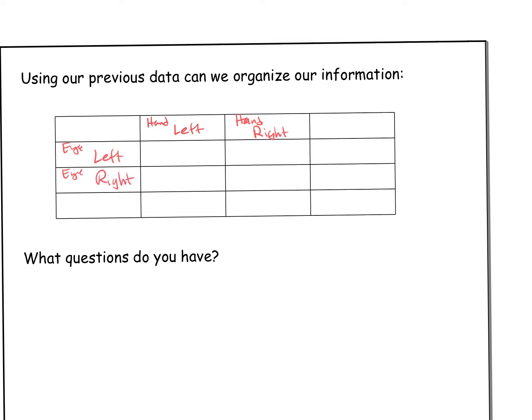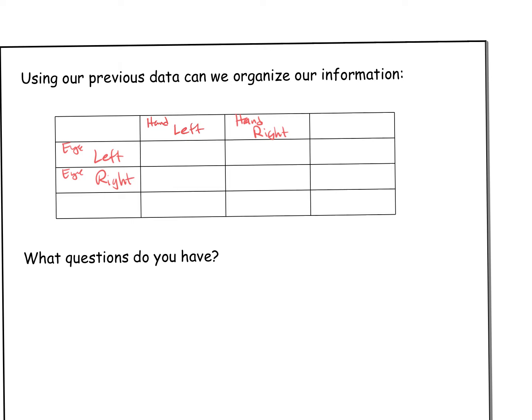And do you think this would give us better data than just how many are left-handed, how many are right-handed? Would this give us a little more specific data? Yeah, because not only would we know who's left-handed, but how many are left-handed and left eye. We'd see that relationship. So that's the reason we have a two-way table.